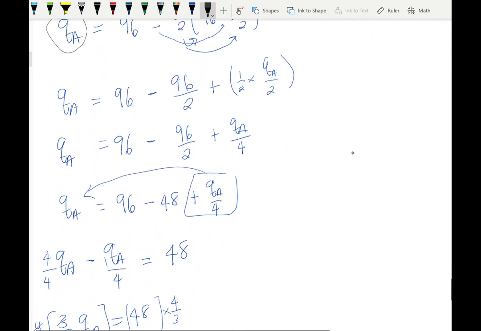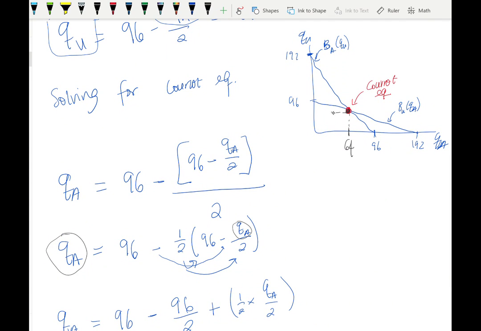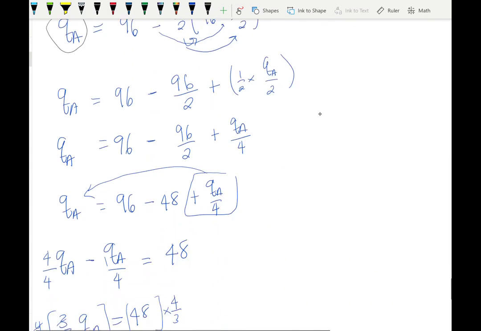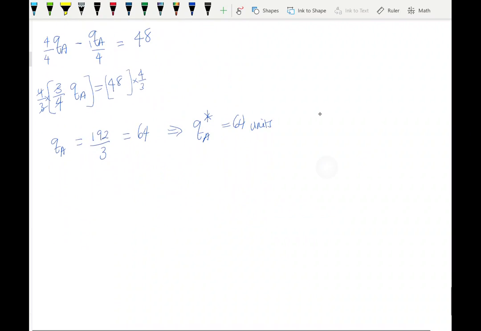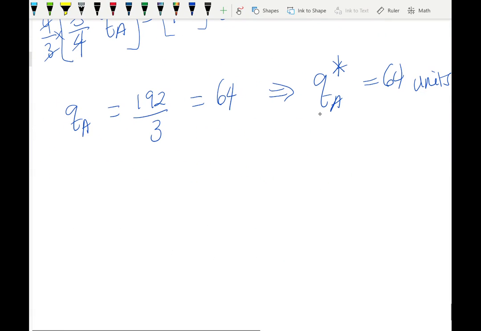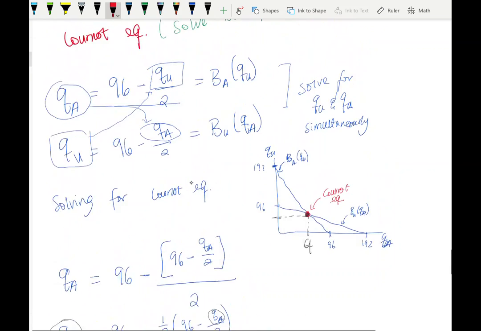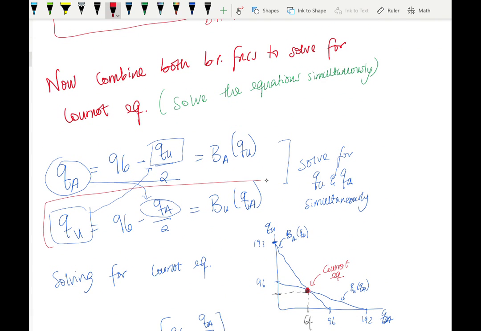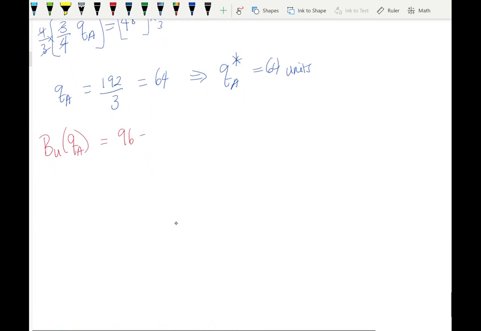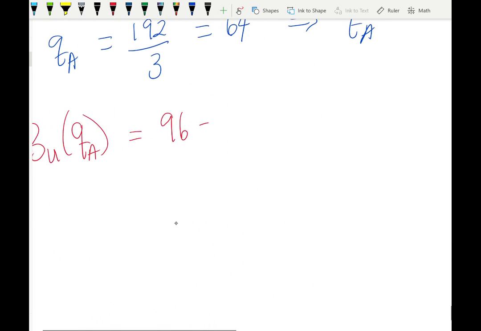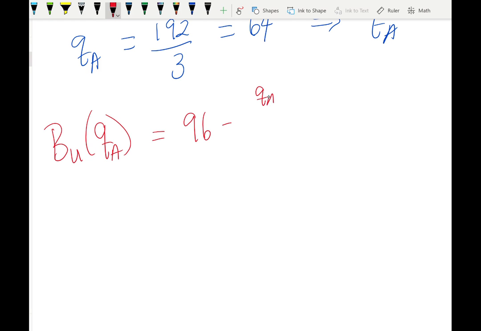64. Okay, so now let's do this for United. We know how United is going to respond for whatever Q that American chooses. We have that best response function for United: 96 minus QA over 2.